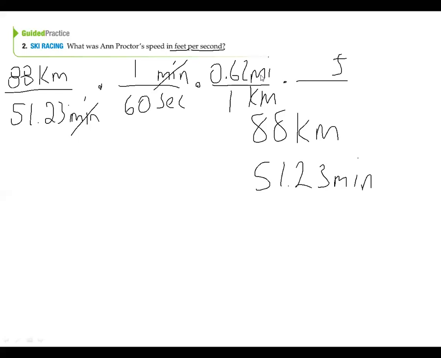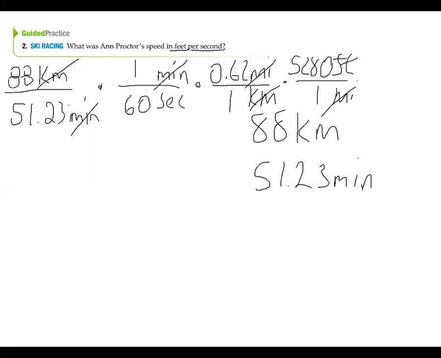So feet would be up here and miles would be down here. So you should know there's 5,280 feet in 1 mile. Okay, if you don't remember that, again, you could just Google that and see how many feet are in a mile.